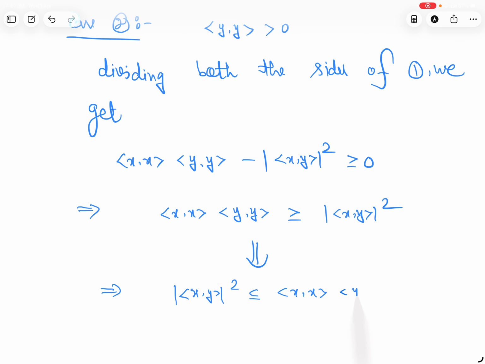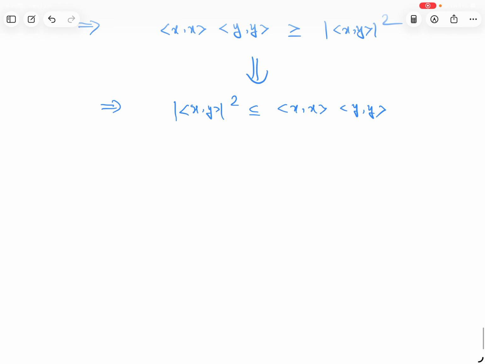Okay, so in either case, the inequality is proved.